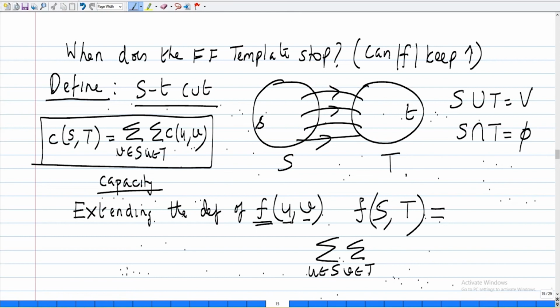It has this current-like behavior. So this is the sum of f of u comma v, minus summation u belonging to S, summation v belonging to T. Can somebody complete this for me? What would I put in here? f of v comma u, quite obviously.